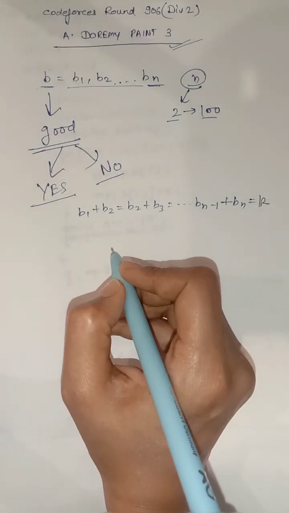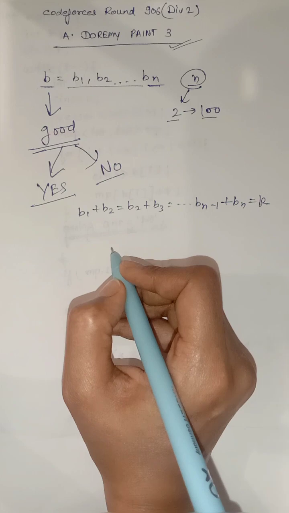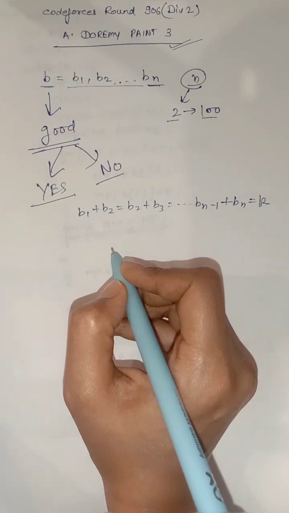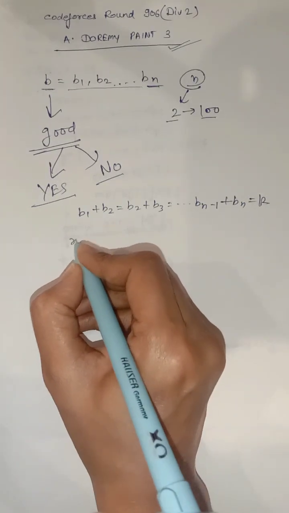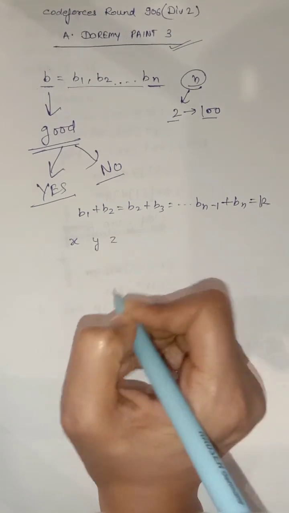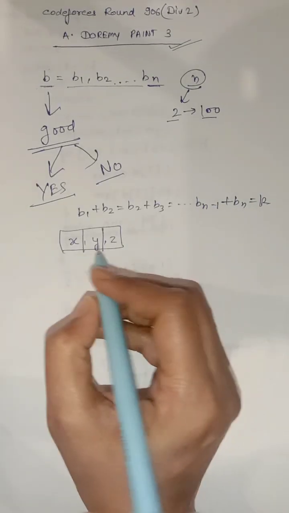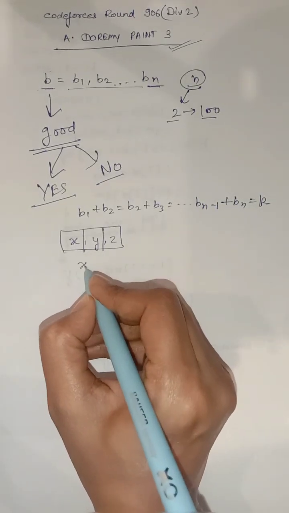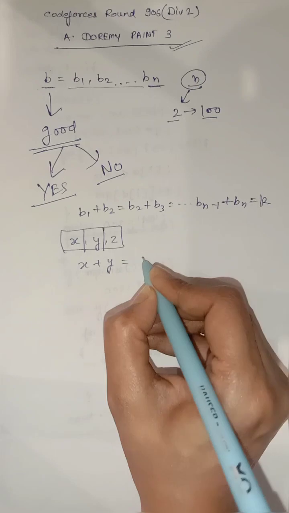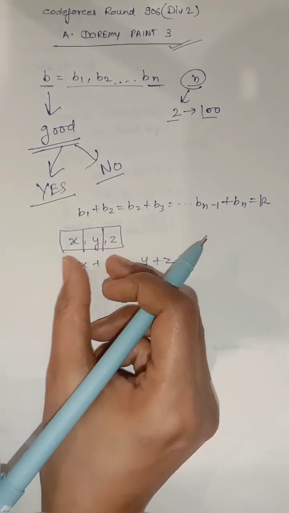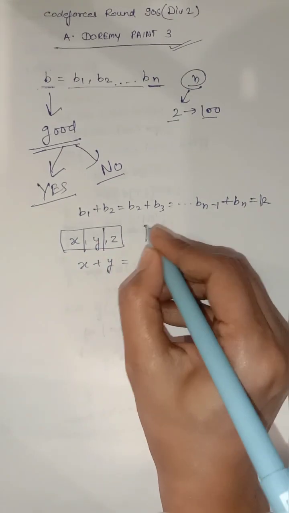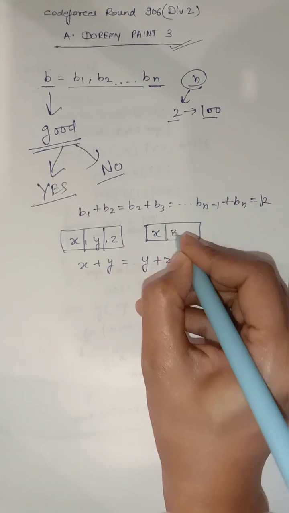So how can we check from any array if it is good or it can be made good or not? Let's say we have an array x, y, z. These are three elements of this array. We want x plus y to be equal to y plus z, or we can permute it also. Let's say we do it like this: x, z, y.